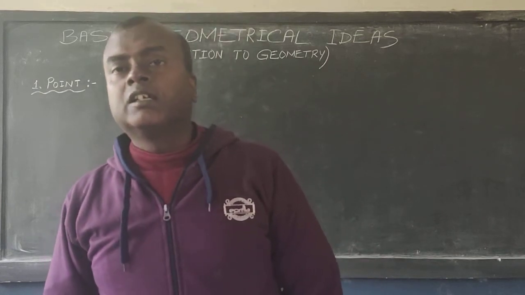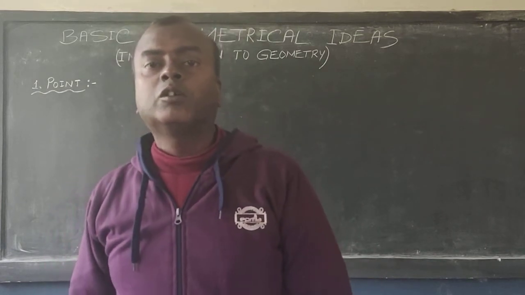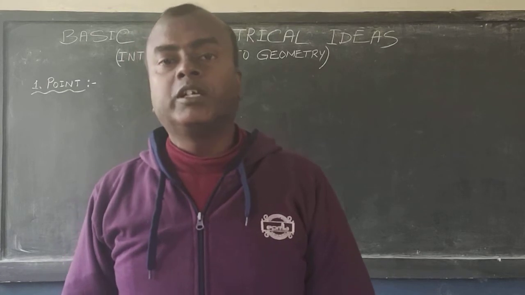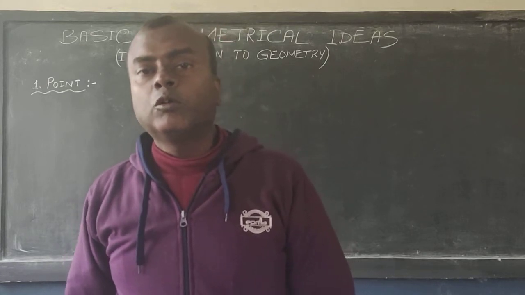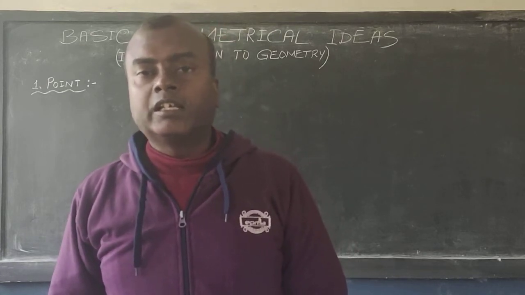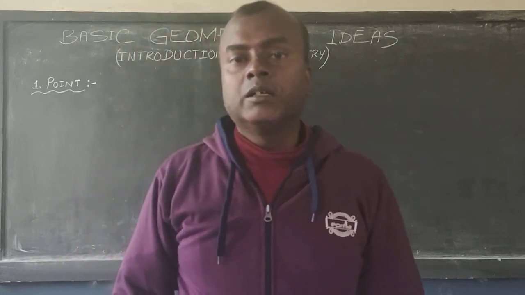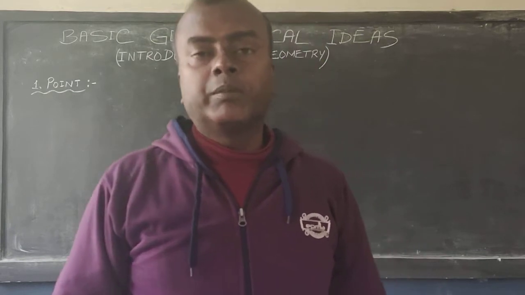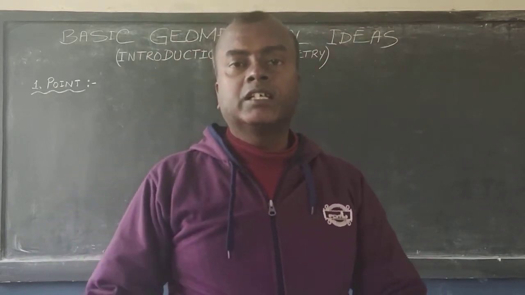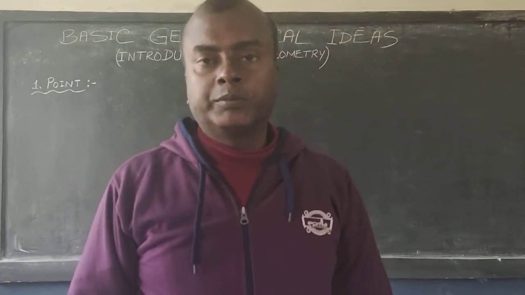So that diagram can be thought of as made up of many points. And when you join all those points, you get a line. And when you combine many lines, then you get a plane figure. When you combine plane figures, you get the diagram of an object.